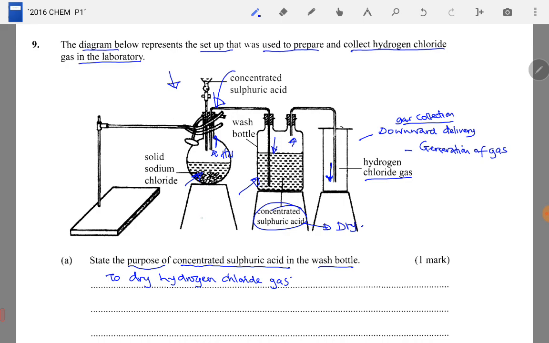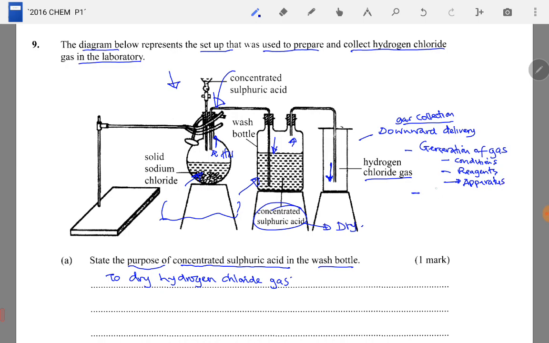Like in our case, it is this part. Here, you must know the conditions necessary, the reagents, and the apparatus to be used, because each apparatus has a functionality.